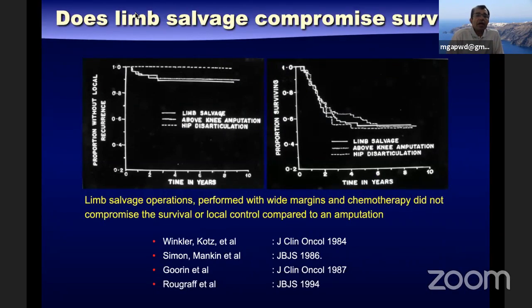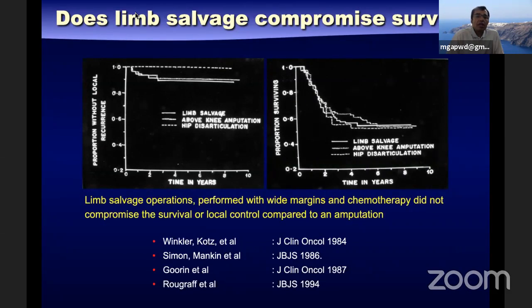Now, when we started doing limb salvage surgery, almost everybody had this doubt as to whether it would compromise the survival of the patient. So there have been several studies which you can see on this slide, which have compared the difference in survival between those who had limb salvage versus those who had an amputation. So if you look at these two graphs, which have analyzed the cases of distal femur osteosarcoma, where they've compared limb salvage and above knee amputation and hip disarticulation, you can see the three different curves.